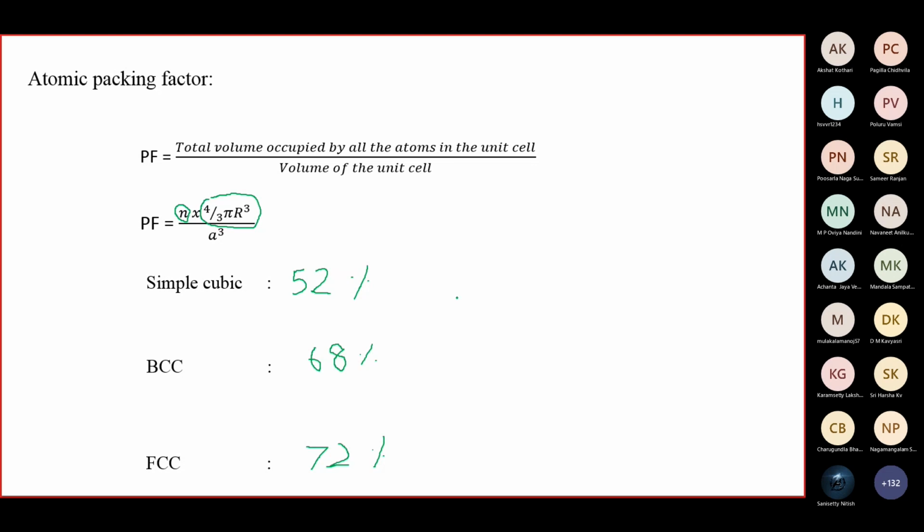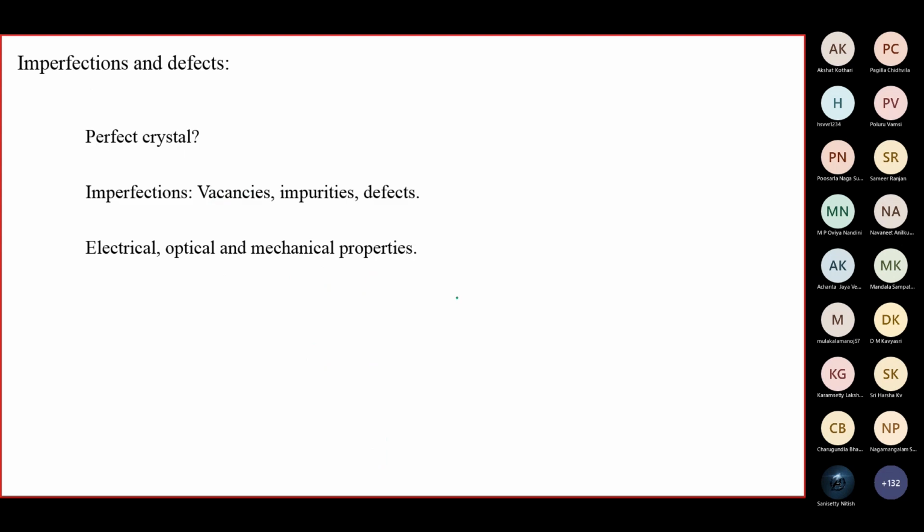Apart from that, what general characteristics may apply to any of these crystals? That is very important. We need to understand it. The very important characteristic we look at is imperfections and defects in the crystal.